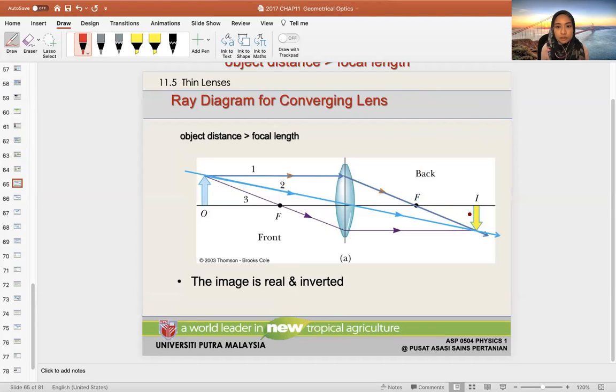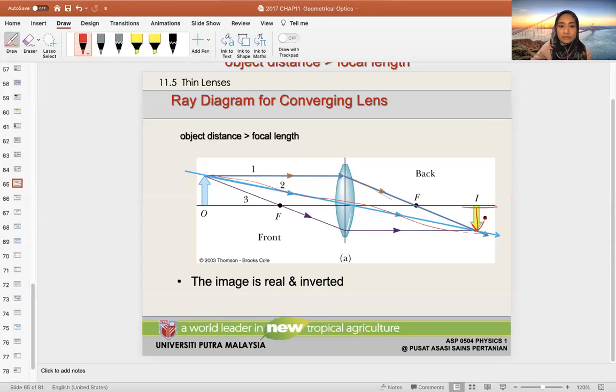Ray diagram for converging lens. Here, dia nak tunjuk contoh je. So this is your object. So draw your first line straight, hits a boundary, converges into your focal point. Next ray goes to the center with principal to your intersect is your image. So it's inverted.